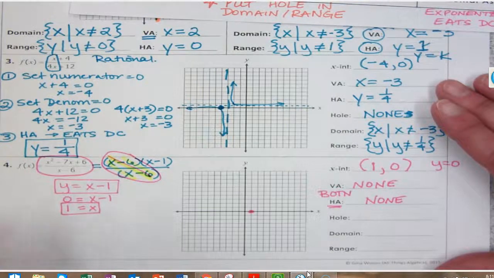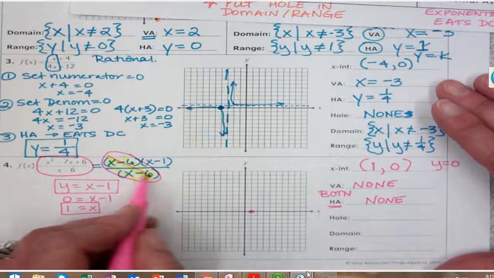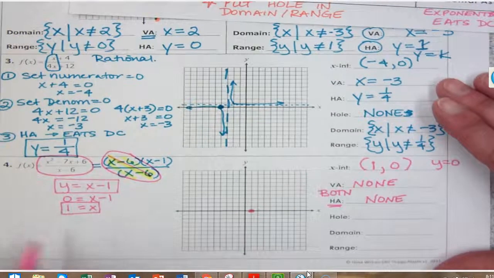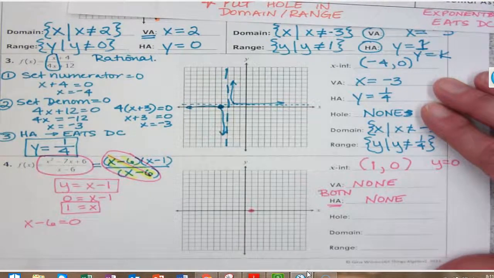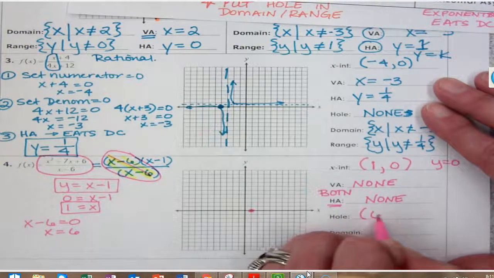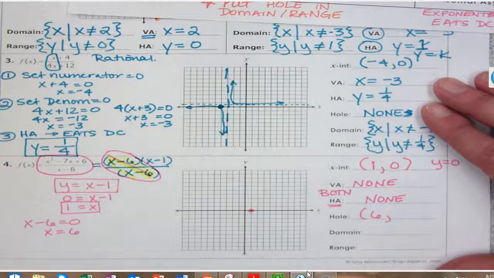I do have a hole, and it is created by this. So in order to find the hole, I take what has been canceled out and set this equal to 0. So x minus 6 equals 0. And solve it. X is going to equal 6. So my hole is going to be where the x value is 6.